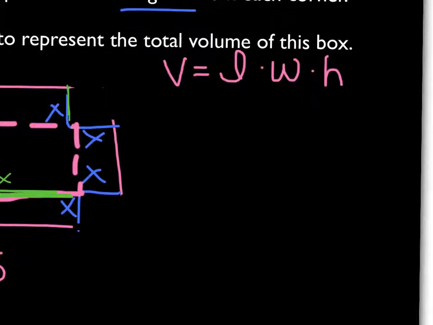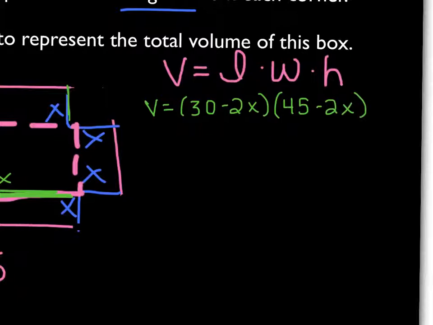My length was 30 minus 2x. Oh, maybe my length was 45 minus 2x, but doesn't matter. And the height of my box was what? x.